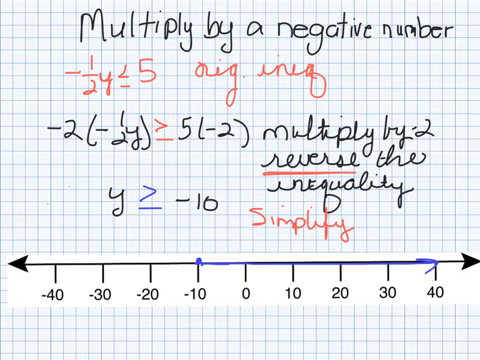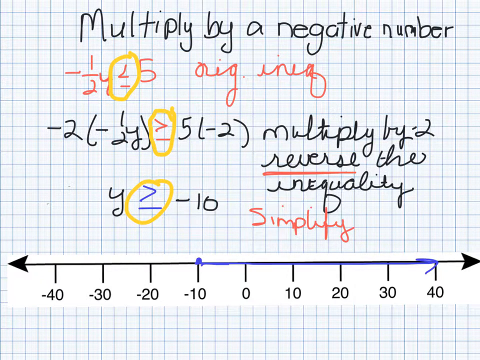And you can see here that I reversed my signs. They're reversed all the way through. And our answer then is y is greater than or equal to negative 10.